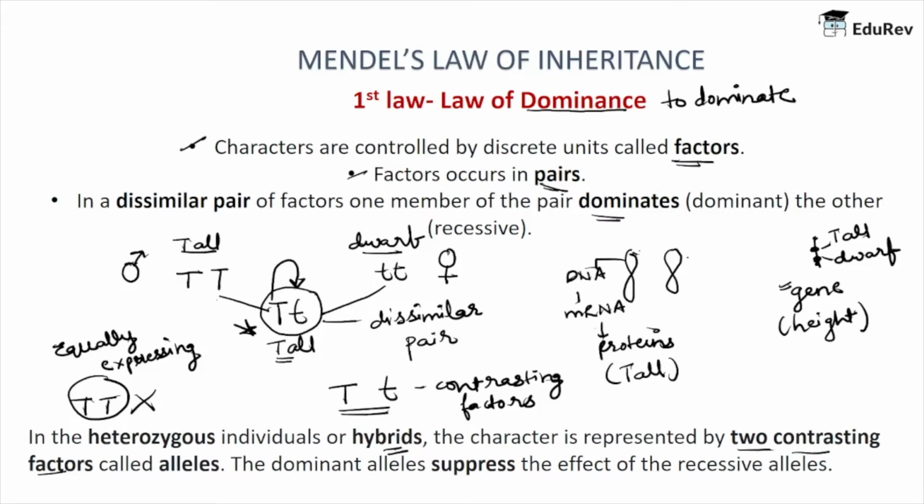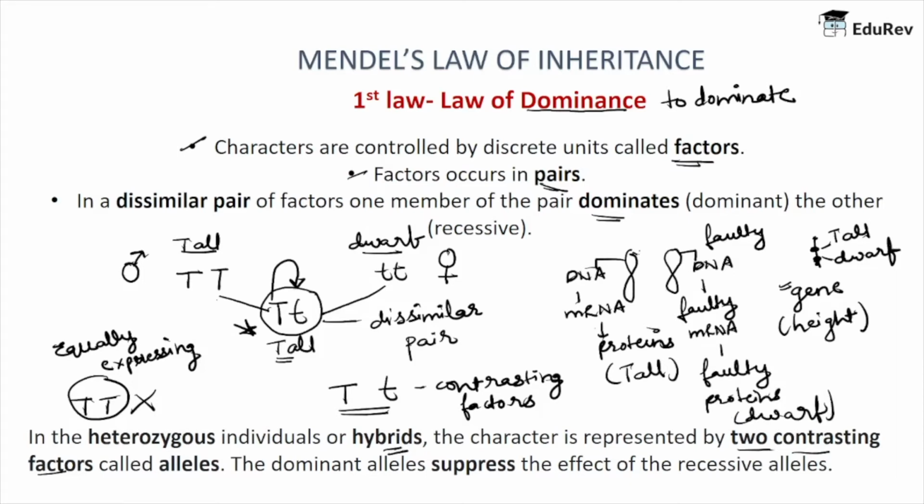And on the other hand, we studied a faulty DNA, which gives us faulty mRNA, which further gives us faulty proteins, and which gives a dwarf plant. So this is what the concept of dominance is, and that is how any factor you see dominating another one is because of this concept only.